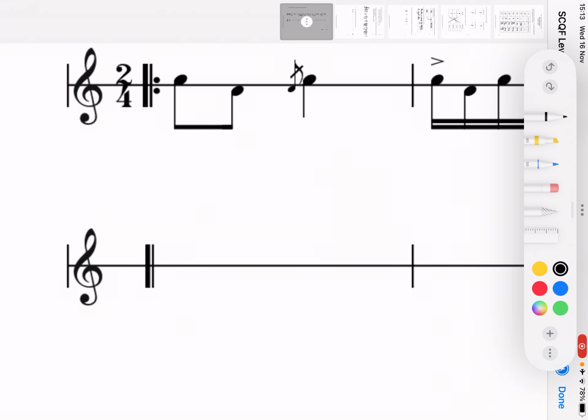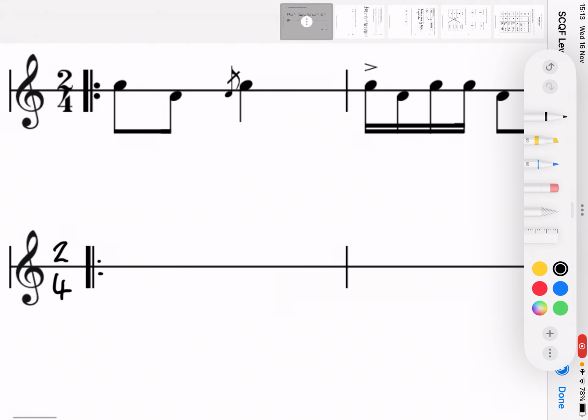So straight away, I've got the time signature and the repeat marks. That's the very first thing. And then if I look across, 2 quavers, so I'm going to write them in as neat as I can. And then I've got a right flam, I'm going to copy that as neat as I can.